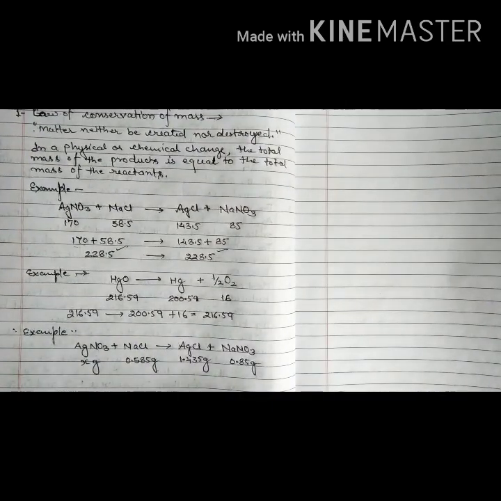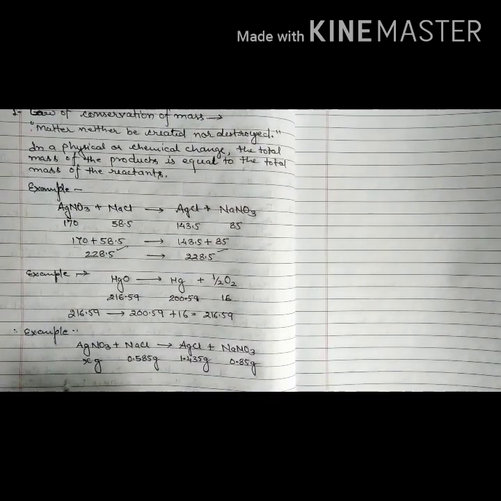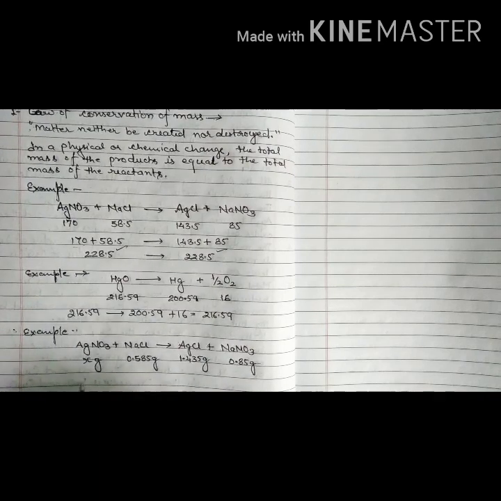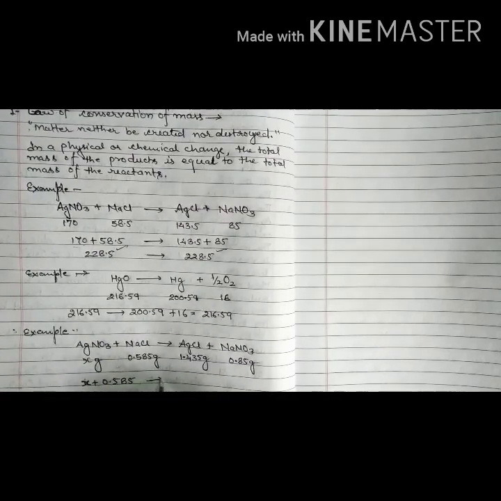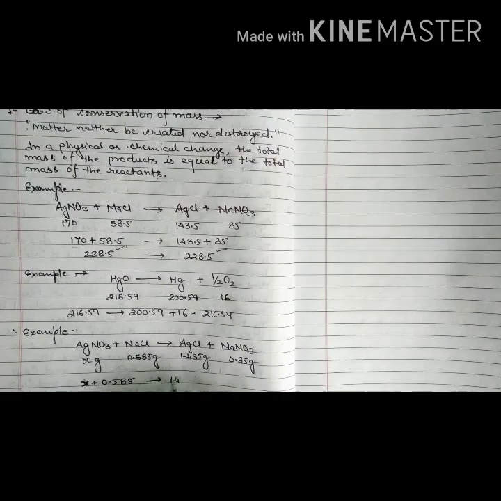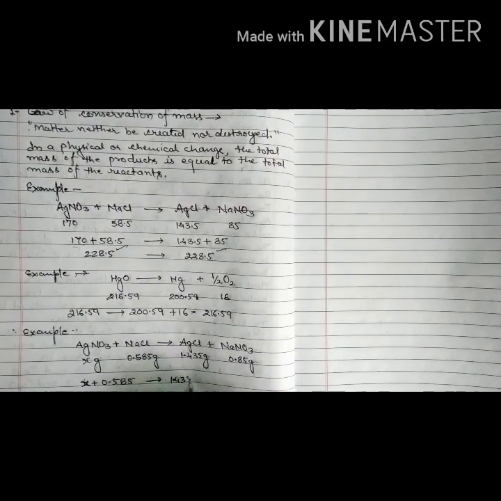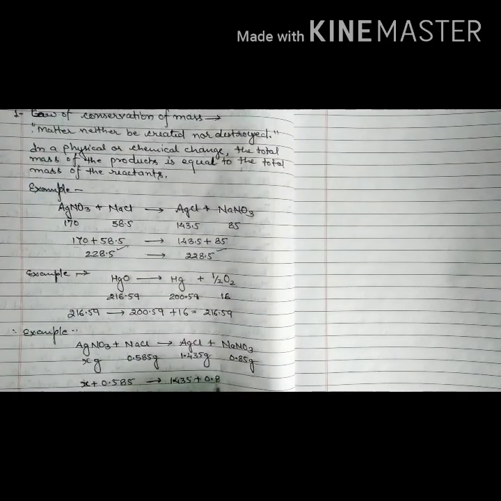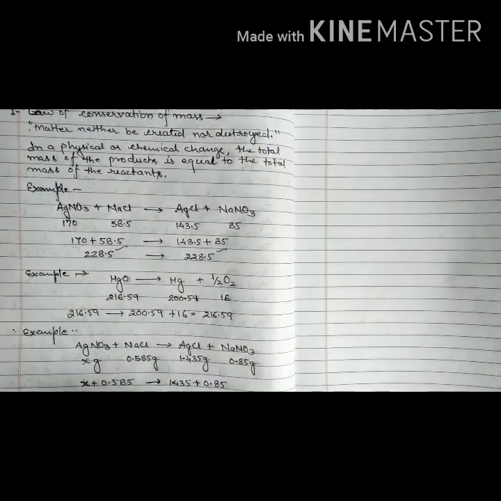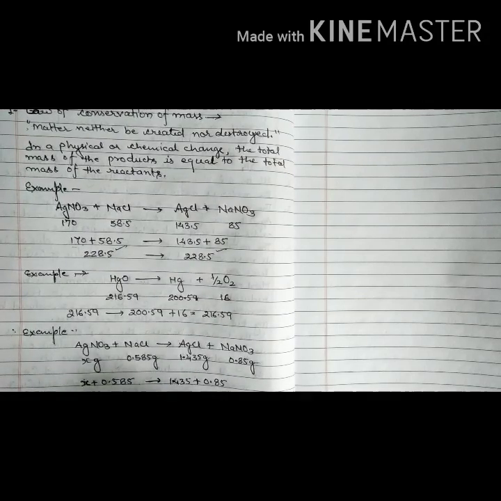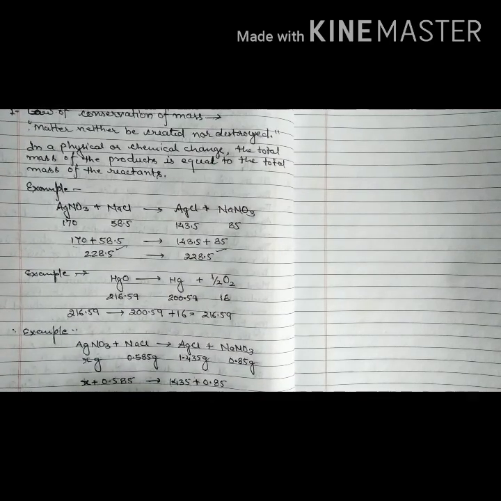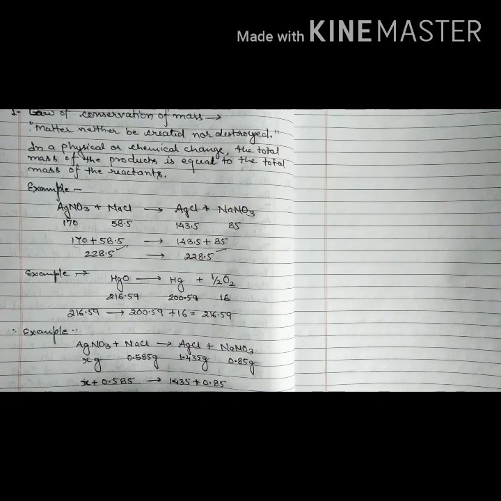Then we can easily calculate the mass of silver nitrate. According to this, X plus 0.585 should be equal to 1.435 plus 0.85. Then X comes to 1.70 gram.